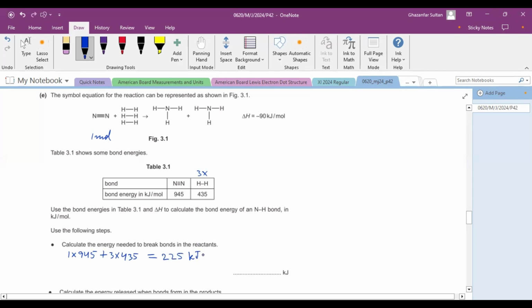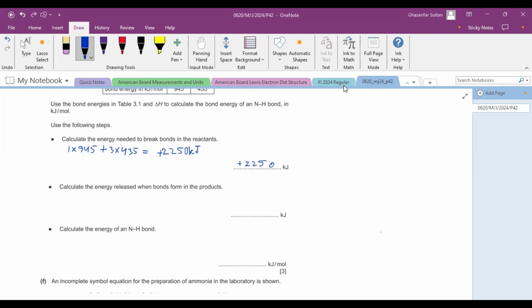And this value must be a positive value because bonds are being broken, so we should use the positive sign. Okay, so this is the value. And as we need only energy, we should write it like this. Energy released when bonds form in the product.